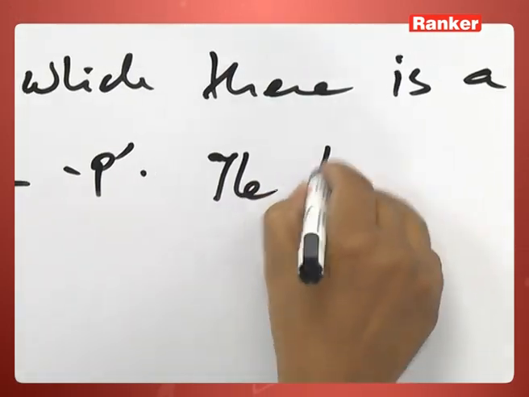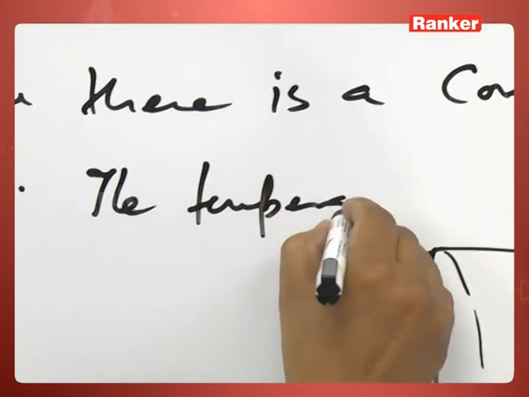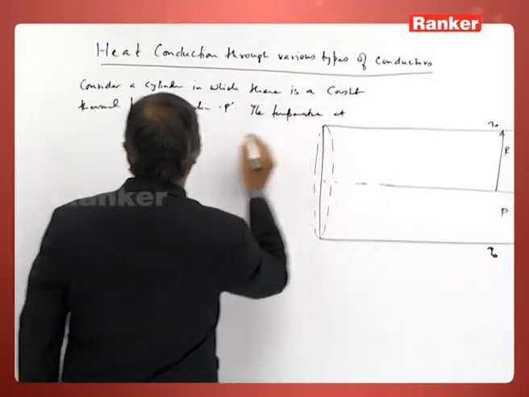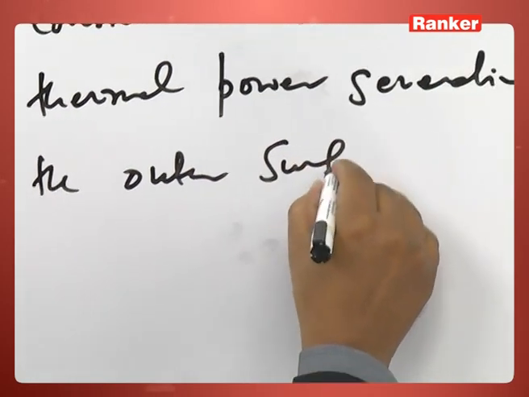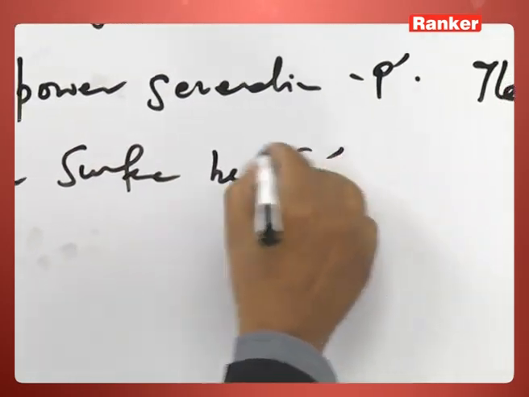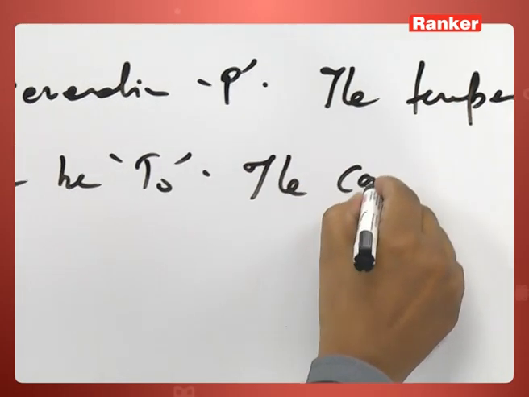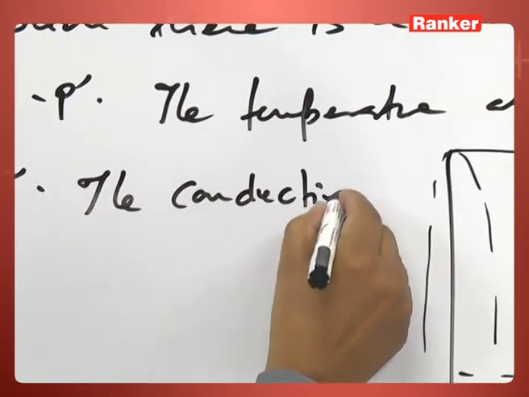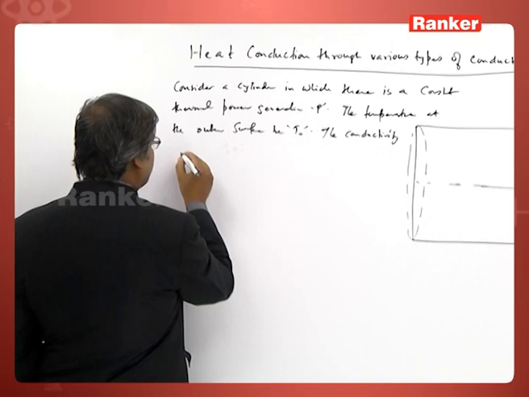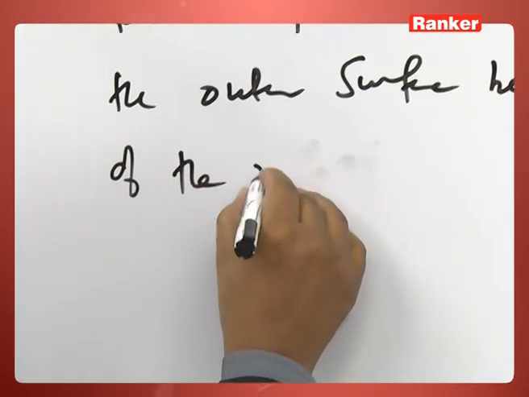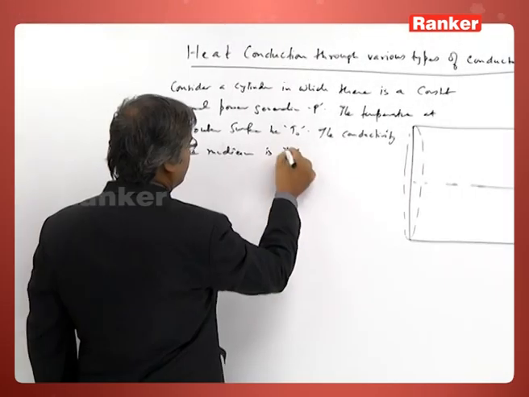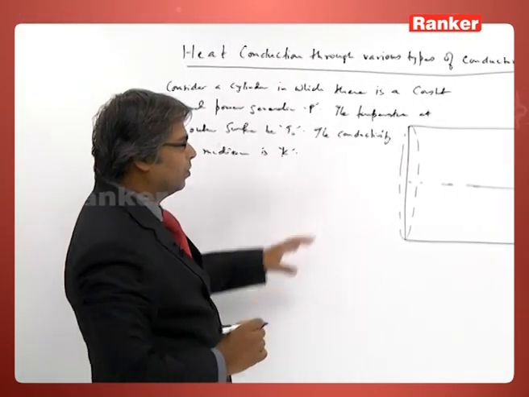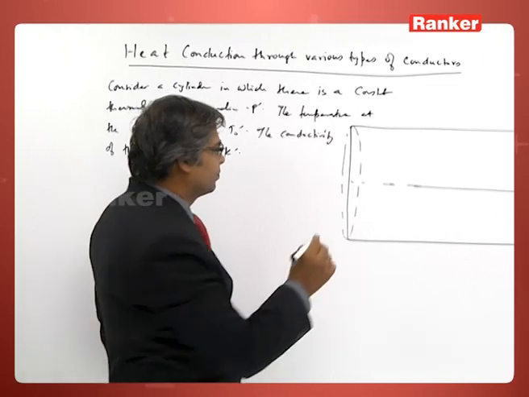The temperature at the outer surface be T naught, the conductivity of the medium, that is the thermal conductivity of the medium is K. So, now what we do?